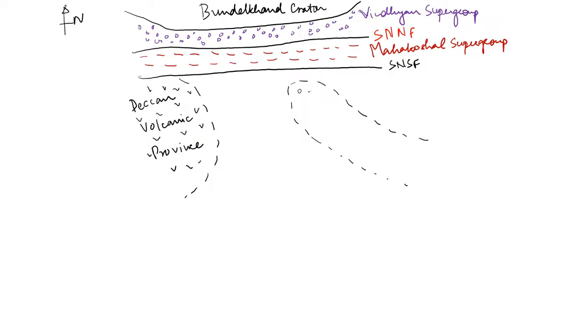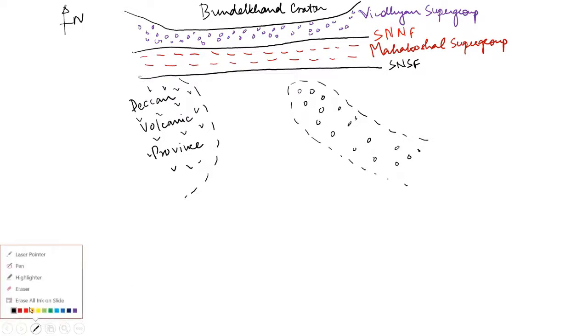So these are the Gondwana sediments over here. Let me write it. Now, in between these two, some granulite belts are also exposed.